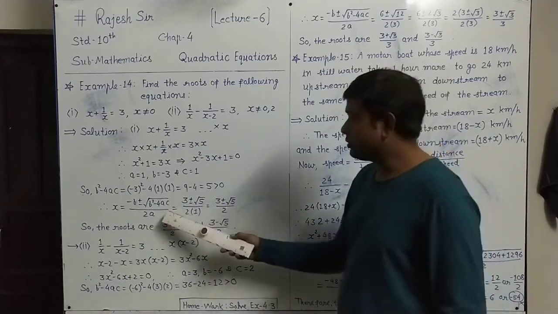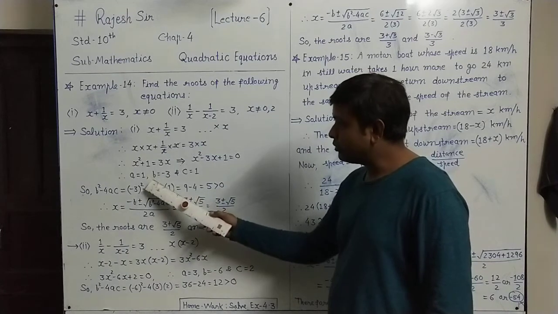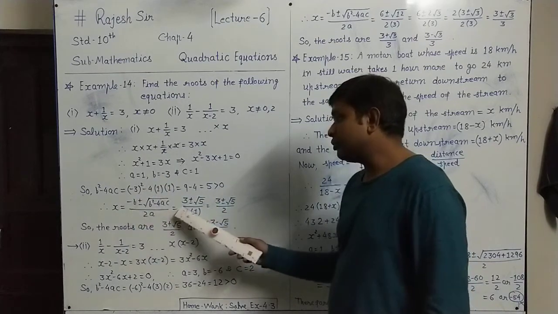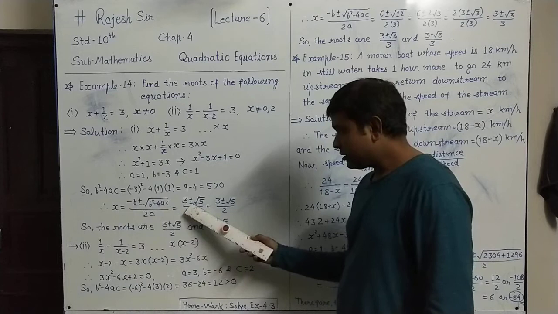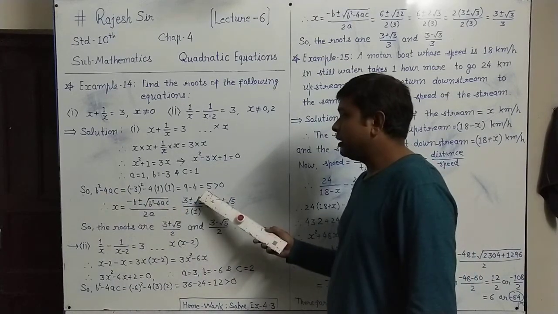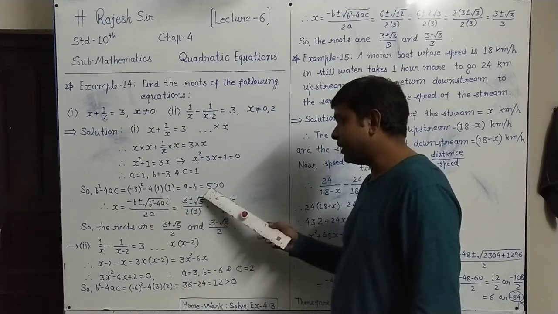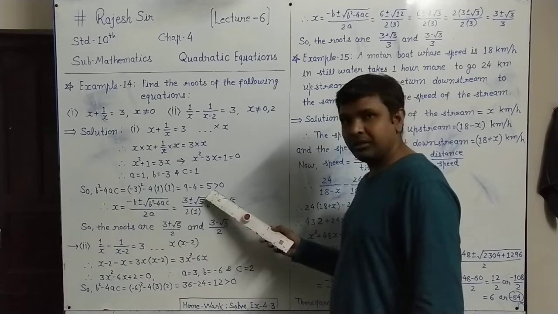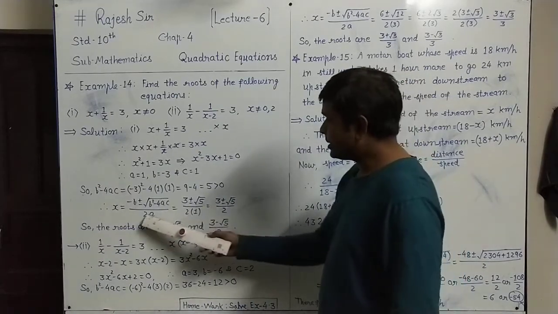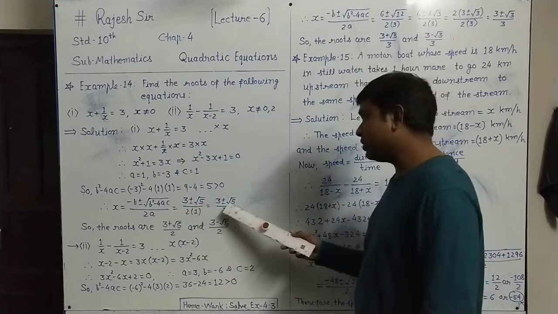Placing all the values: b is minus 3, so minus b equals plus 3, plus or minus root of b square minus 4ac. After simplification, that is root of 5. And down there 2a is 2 into 1, which is 2. So we have 3 plus or minus root 5 upon 2.